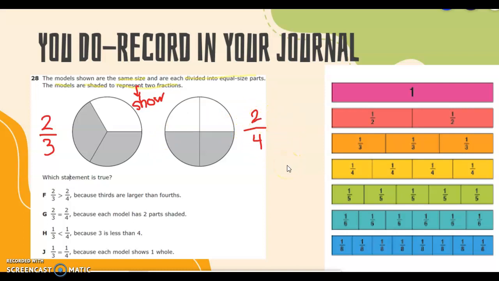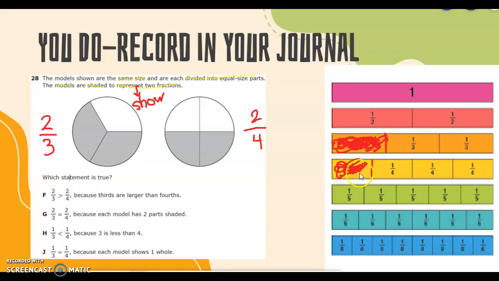Now I can also look at my strip to see the size of a third, compare 1/3 to 1/4, and I can see that thirds are greater than fourths. Even though 4, if we're using whole numbers, yes, 4 is bigger than 3.